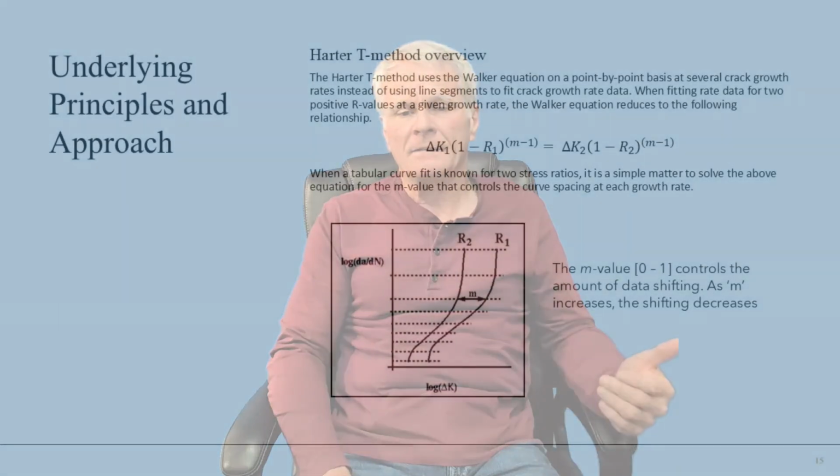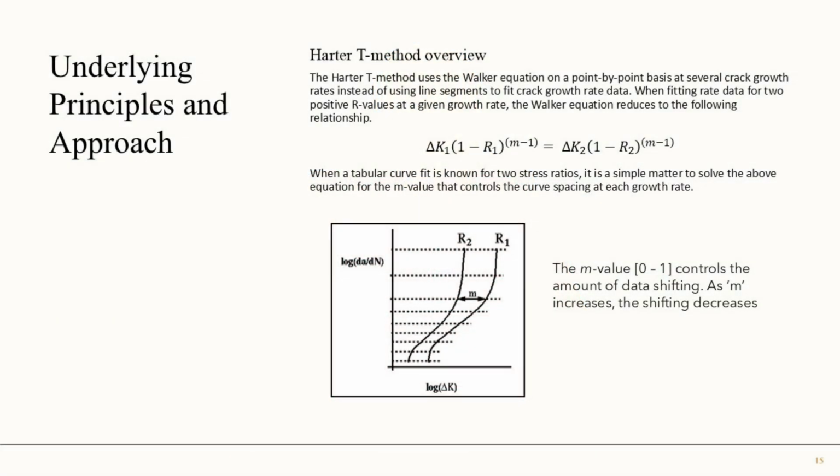Now, my tabular method takes advantage of the Walker equation. If you look at a plot of da/dN versus delta K, and you look at different crack growth rates, at any given crack growth rate, I could write the Walker equation for 2 different stress ratios.